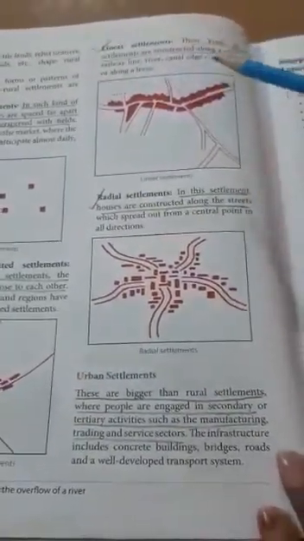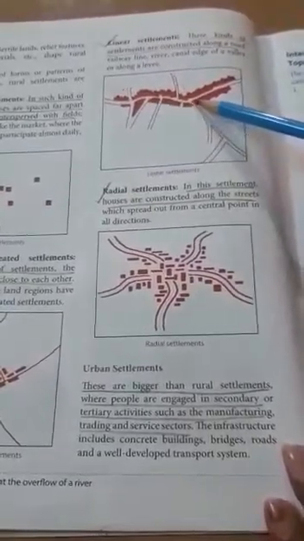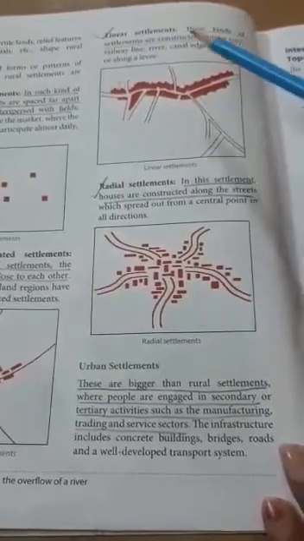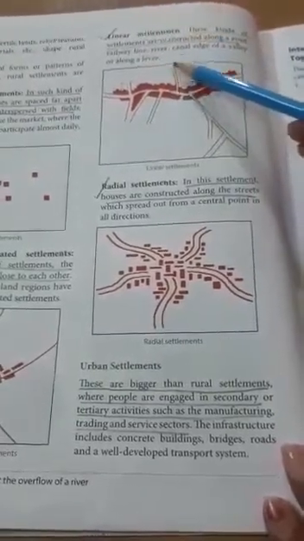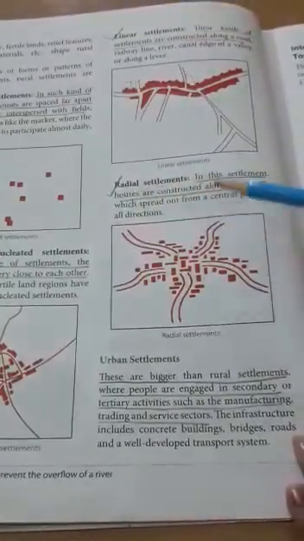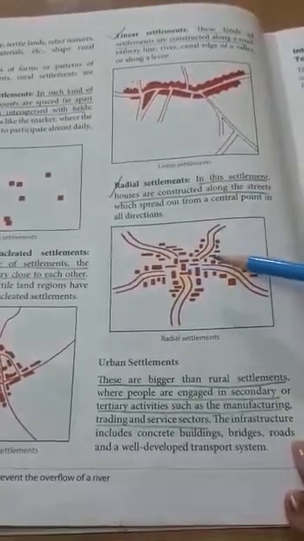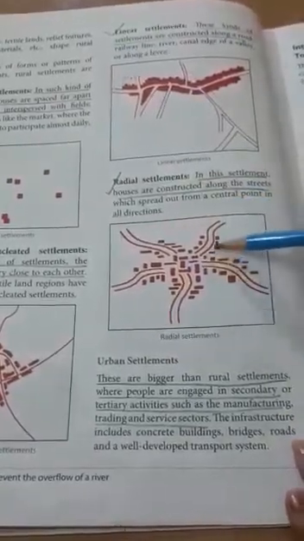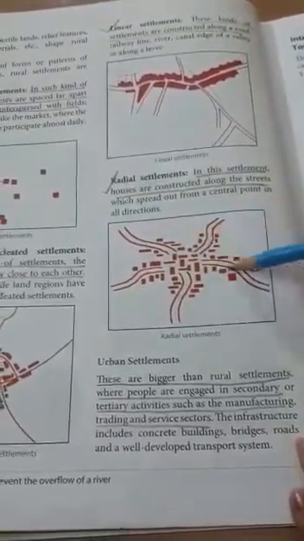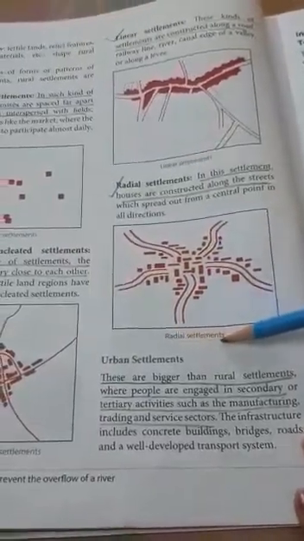These kinds of settlements are basically constructed along a road, railway line, river, canal, edge of a valley, or along a levee. The last one is the radial settlement. Now in this settlement, houses are constructed along the streets which spread out from a central point in all directions. These are known as radial settlements.